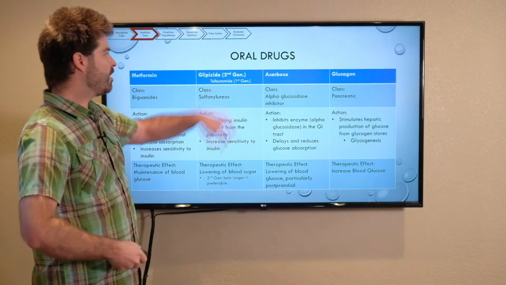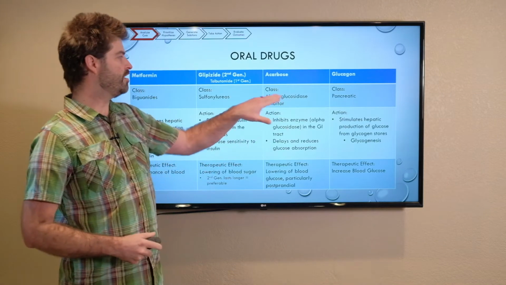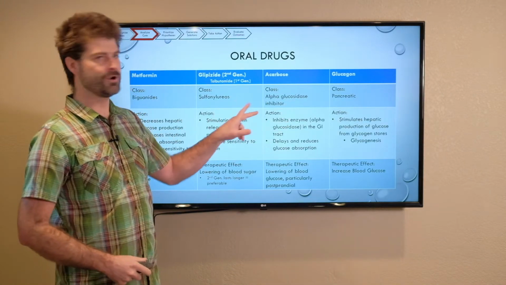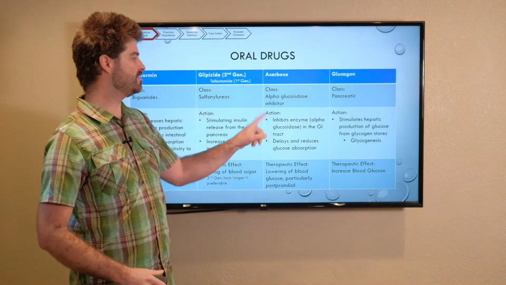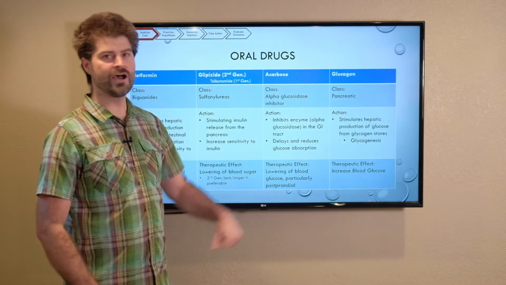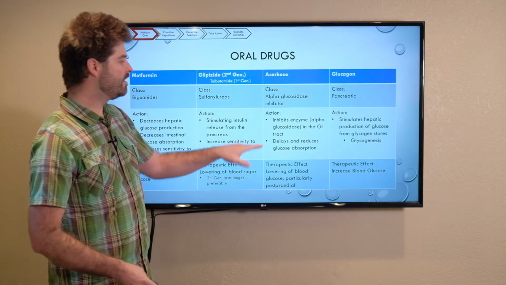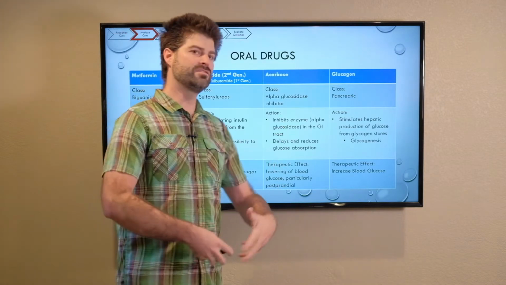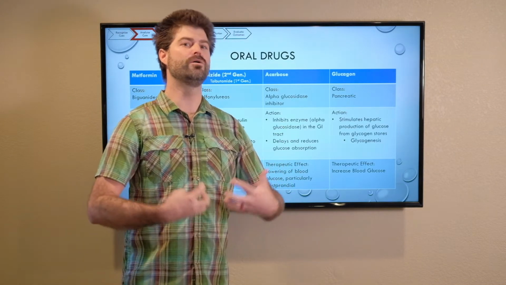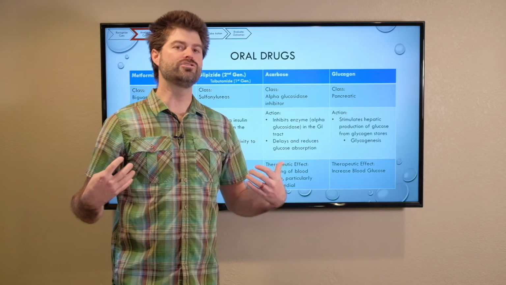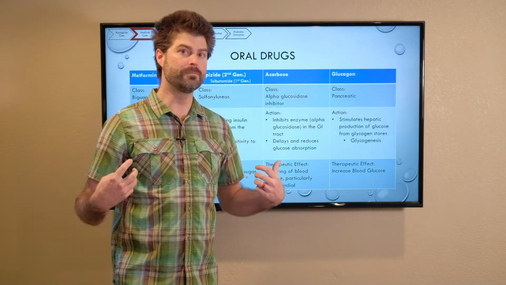Then we've got acarbose. So this is an alpha glucosidase inhibitor. What that means is it inhibits an enzyme in the GI tract, and that enzyme delays and reduces glucose absorption. So it's going to slow down the rate at which glucose is absorbed into the body.